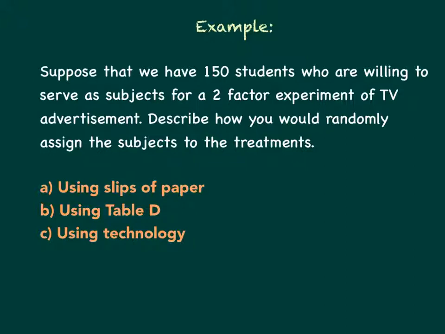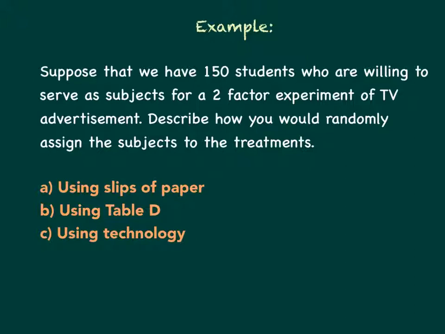Okay, for B, using Table D, you need to assign each student a number between 001 and 150, and then pick a spot on Table D, and then read the first 75 numbers between 001 and 150, and assign those subjects to treatment 1. And do the same thing for treatment 2, assign 75 different people to treatment 2.